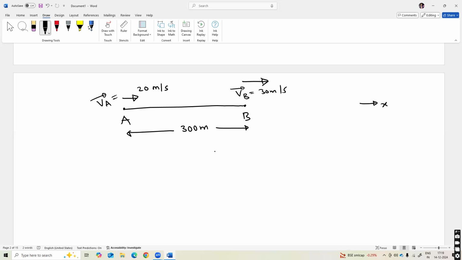So if person B is moving at 30 meters per second in the X direction and person A at 20 meters per second in the X direction, do you think they will meet at any point or any time? Is it possible? Can you write down yes or no? Is it possible that they will meet at some point?